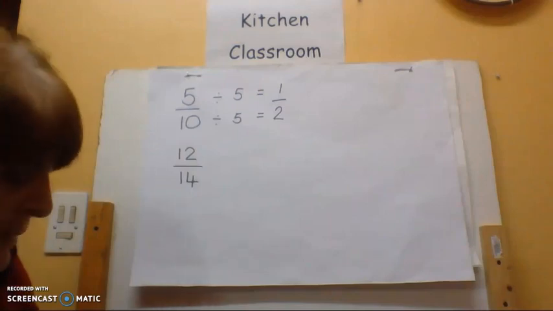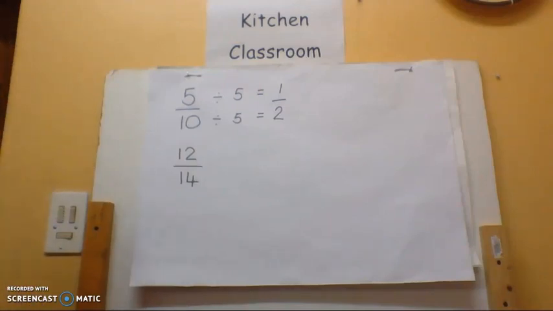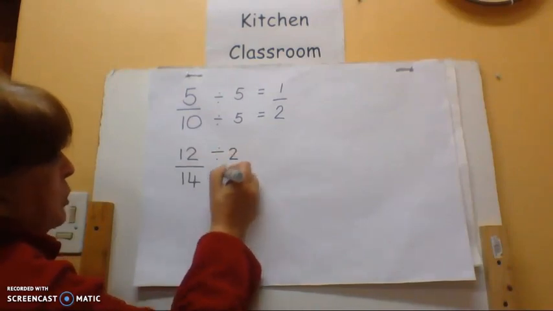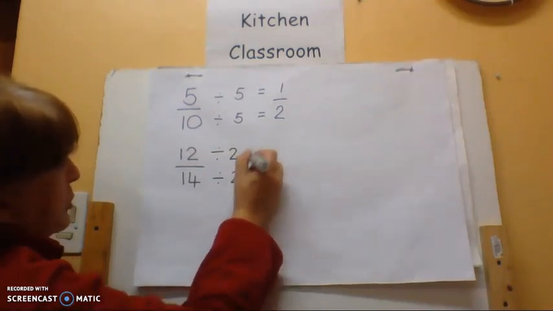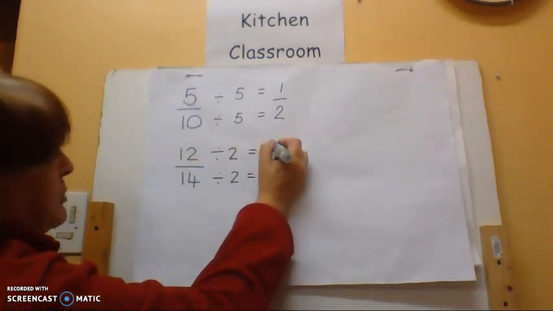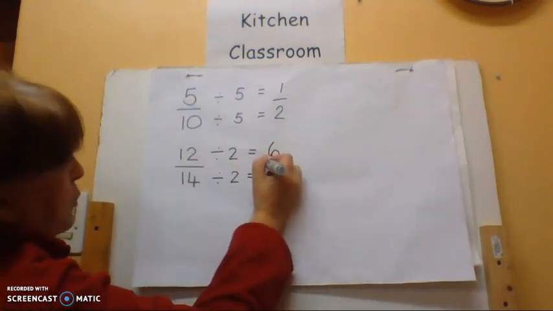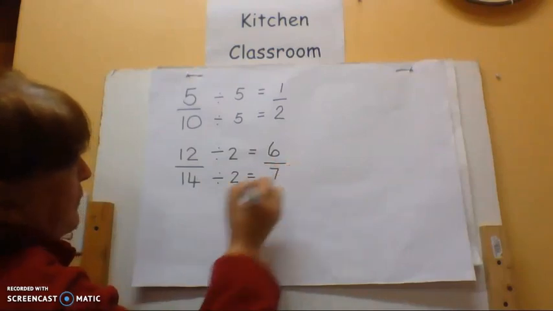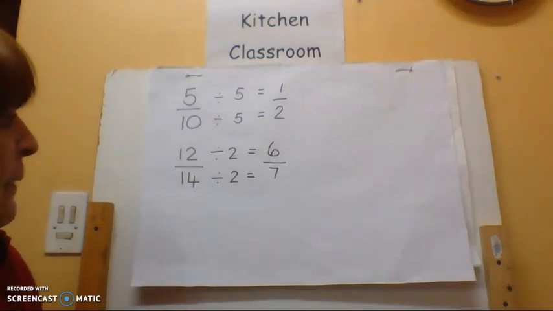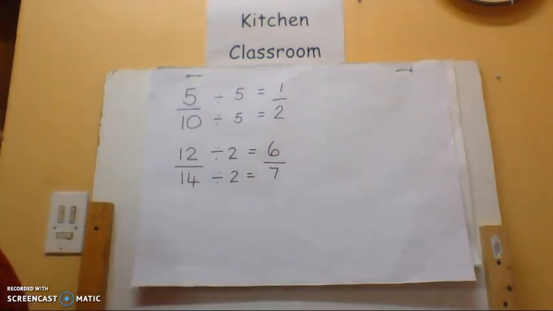And so the biggest number that will divide equally into that is 2. So I'm going to divide the 12 by 2 and the 14 by 2. And I'm going to come up with 12 divided by 2 is 6 and 14 divided by 2 is 7. So 12/14 and 6/7 they mean exactly the same. The only thing is that 6/7 is in its simplest form.